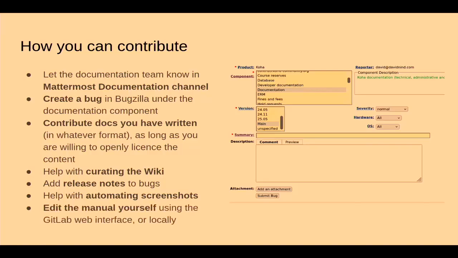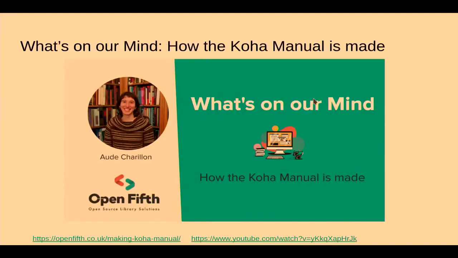And of course, you can also edit the menu yourself, which is what I'm going to try and show you today. But before I do that, I don't really need to give this talk, because a month or so ago, Aud created this little video on how the Koha menu is made, and she walks through a change and shows you how it gets into the manual.